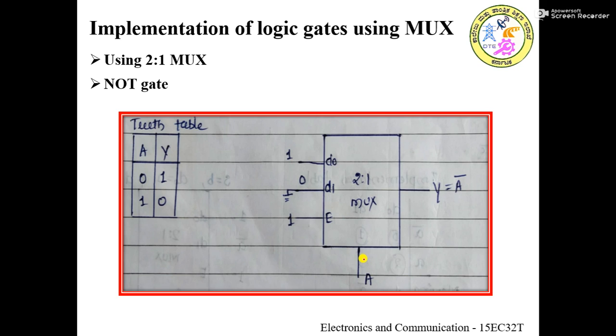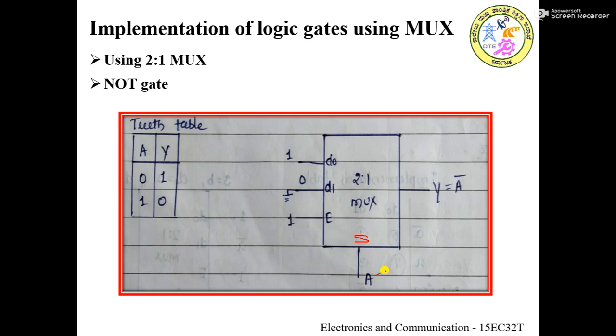Here also, in the same sense, the number of inputs of the NOT gate is 1 and the number of select lines of the 2 is to 1 mux is also 1. I can directly map the input A with the select line S here, and the outputs are mapped with the inputs. Means 1 is mapped with D0 and 0 is mapped with D1.